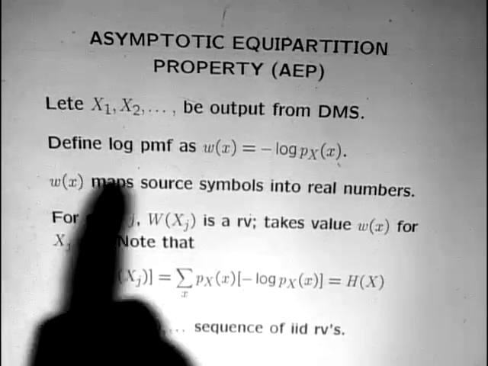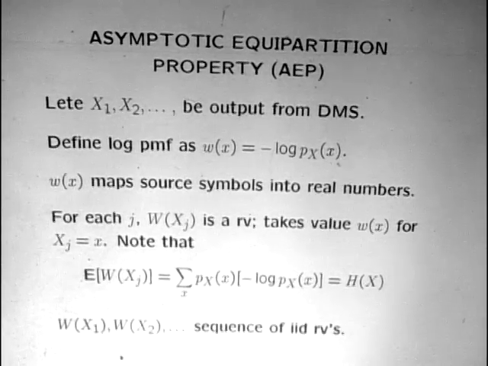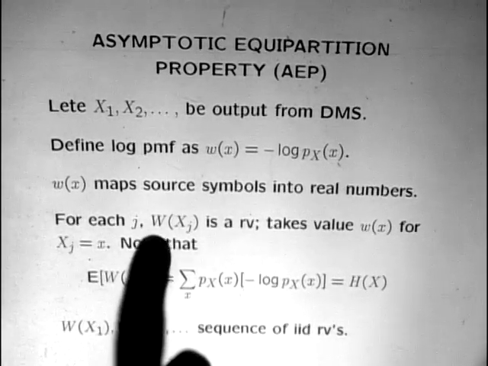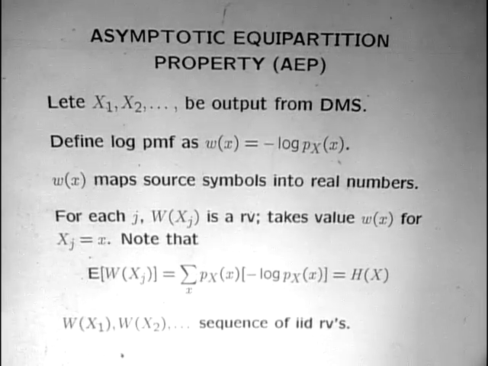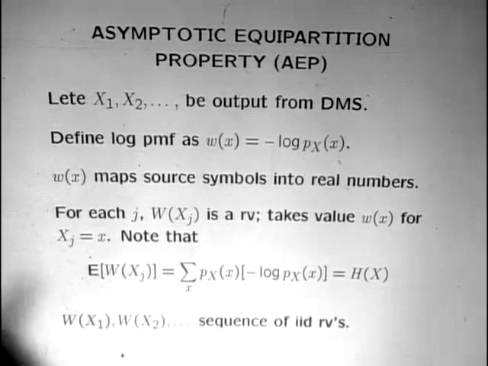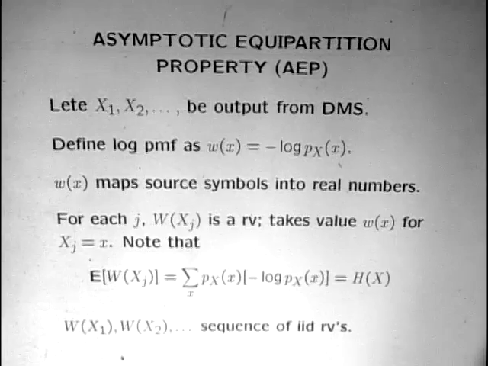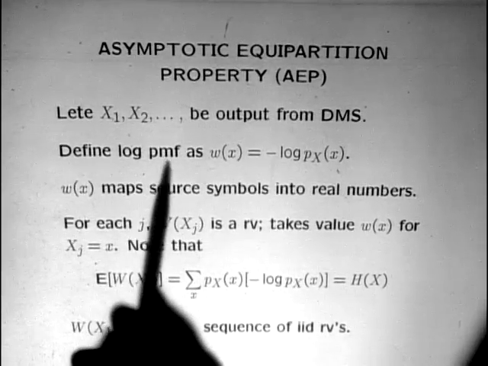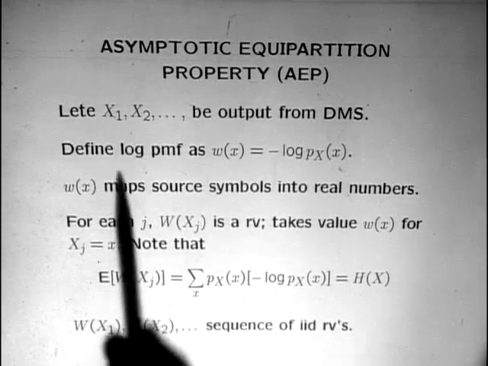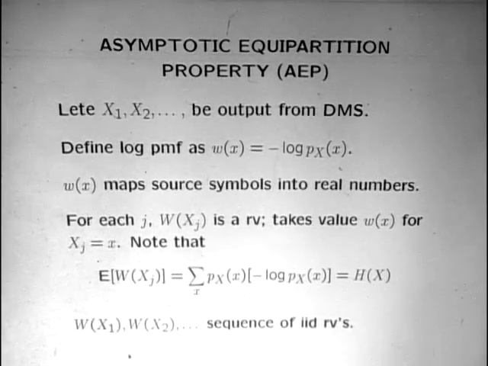W of x maps source symbols into real numbers. So there's a random variable, capital W of x sub j. We have a random variable for each one of these symbols that come out of the source. So for each one of these symbols, there's this log PMF random variable which takes on different values.